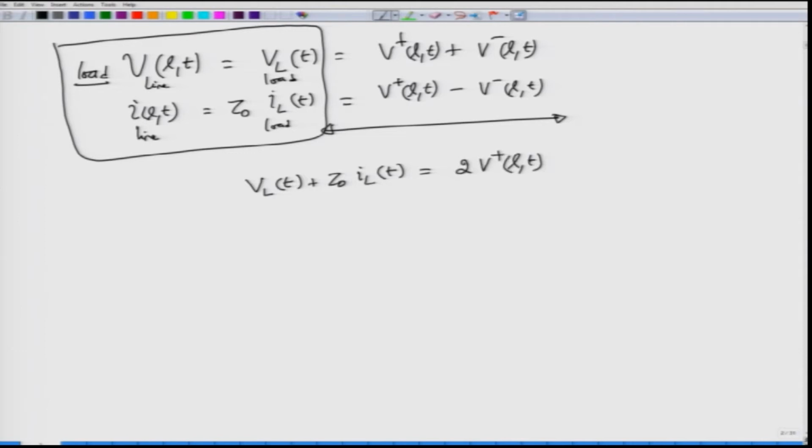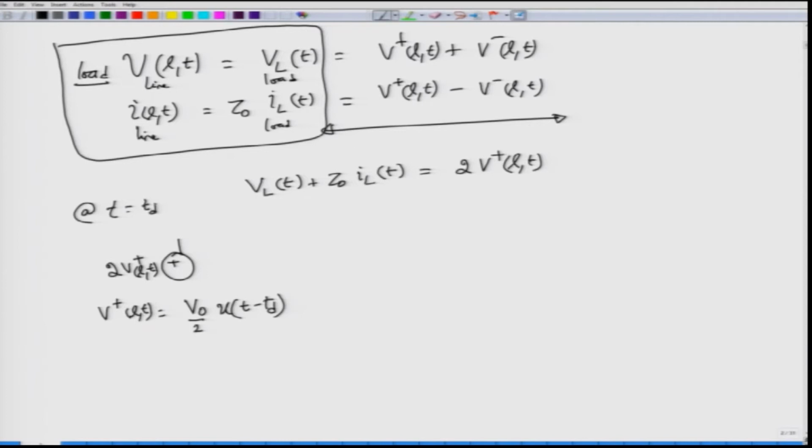Is there a way to understand this equation better? Well, this is an example of a KVL type of equation, right. So here you have a source which has an amplitude of 2V plus of L comma t. If we remember further that V plus of L comma t is nothing but V0 by 2 u of t minus Td, because we are considering this at t equal to Td, correct.